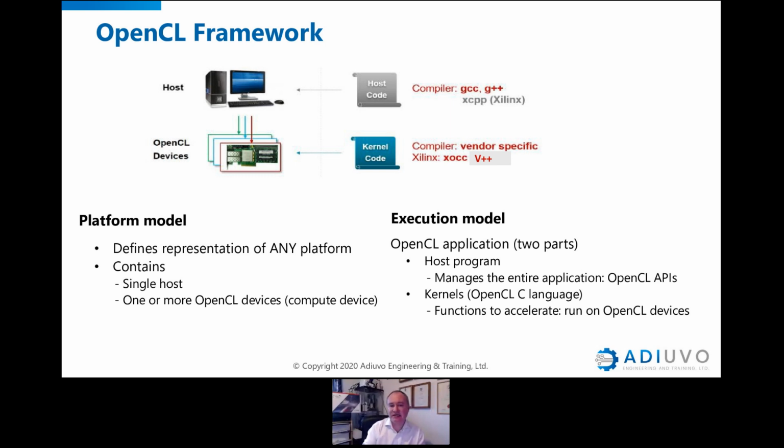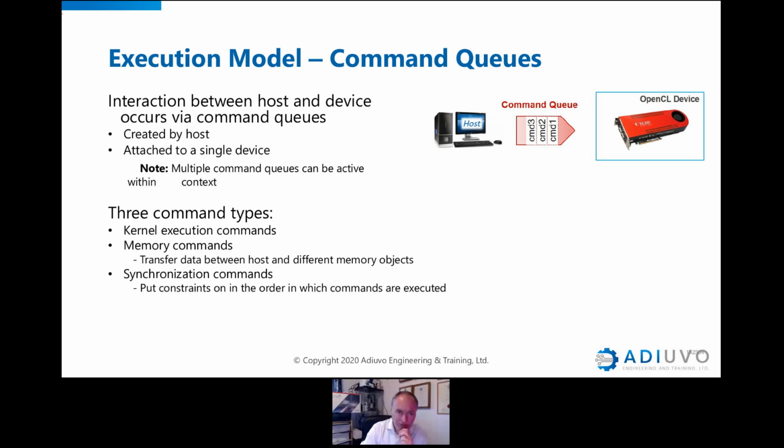They sit really nicely together because you can use OpenCL to communicate with the programmable logic and benefit from the acceleration there. You can use OpenAMP to manage the communications and the lifecycle between the A53 and the R5s. So I think that's a really nice system that pulls it all together.